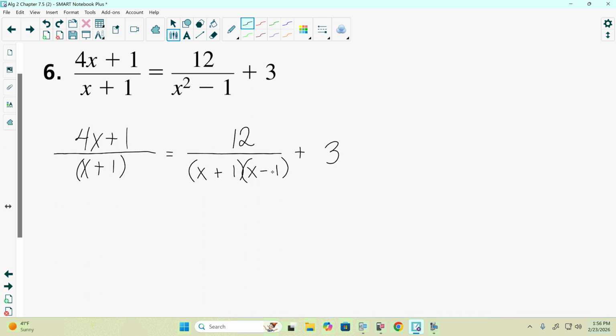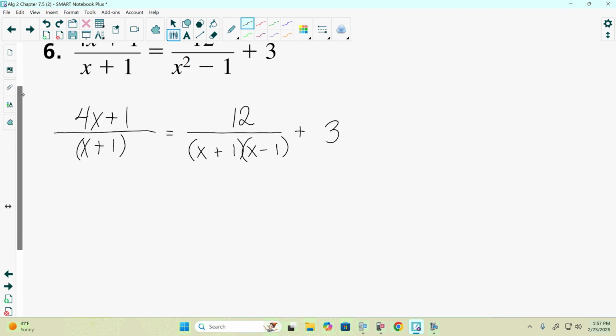And our difference of perfect squares, a squared minus b squared, factors to a plus b times a minus b. In this case, x squared minus 1 is going to factor to x plus 1 times x minus 1. Now, factoring those helps us know what we need to multiply by so we don't add any extra factors, and it helps us with finding the restrictions.